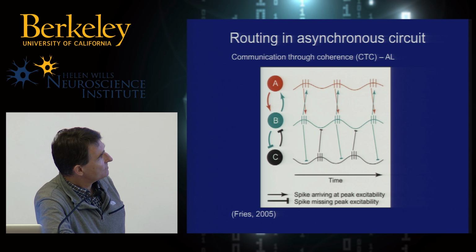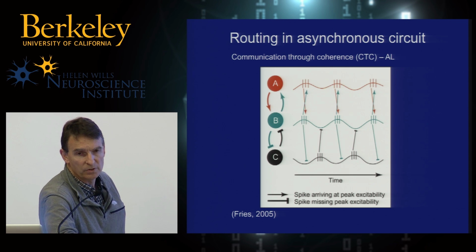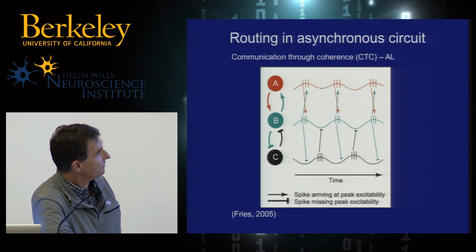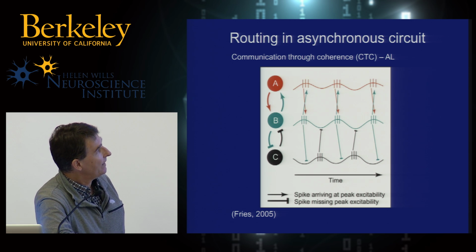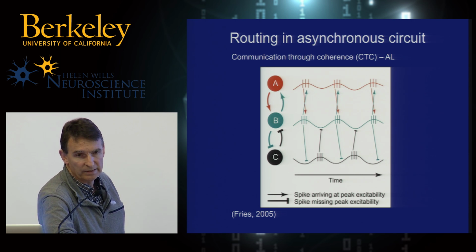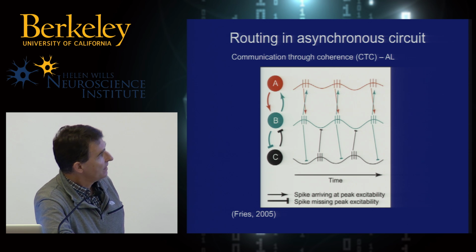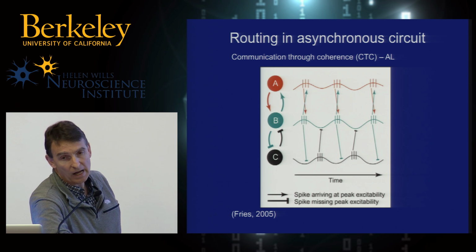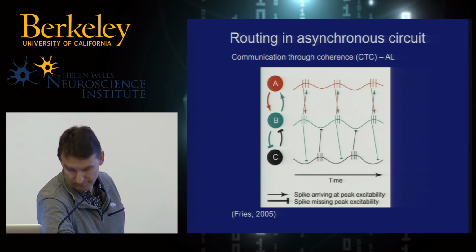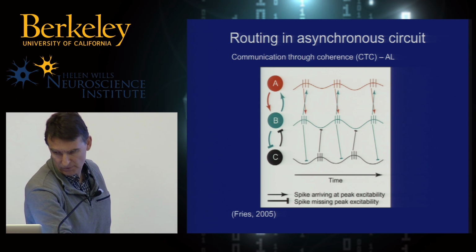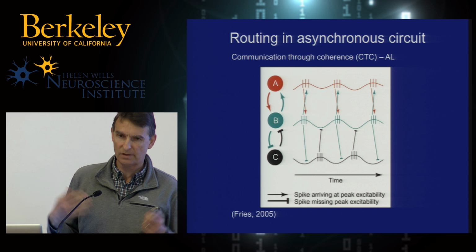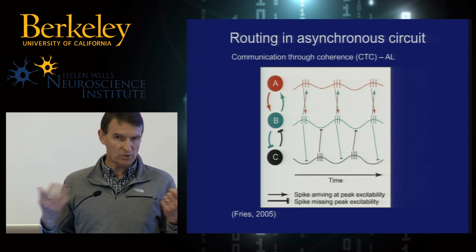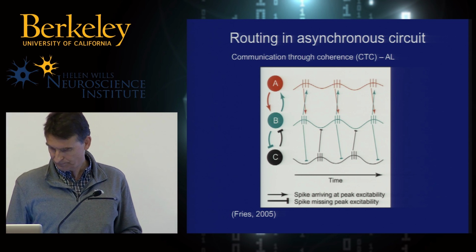So his point is that these 2 are in a good position to talk to each other, because their signals arrive on the other side when there's a maximum of excitability and therefore elicit spikes. Whereas B and C have a hard time to communicate. This is called the communication through coherence hypothesis, and Pascal has produced some data to support it.